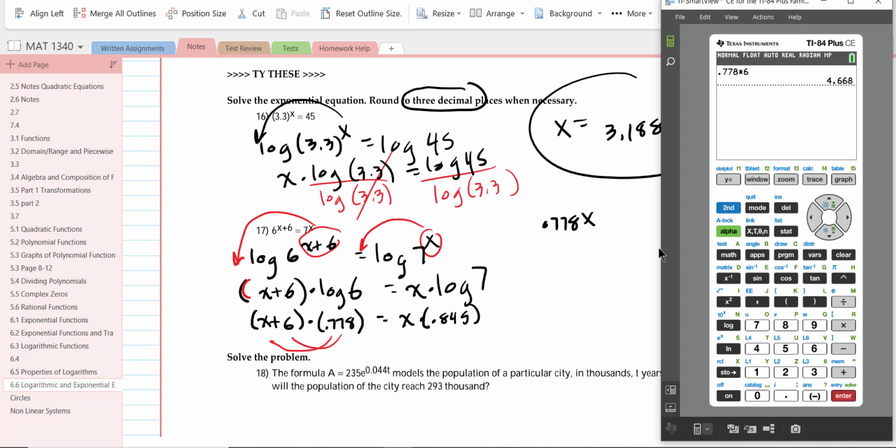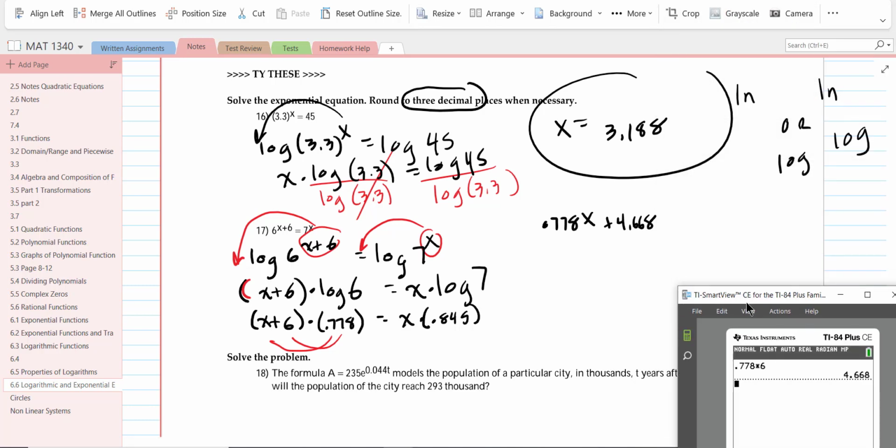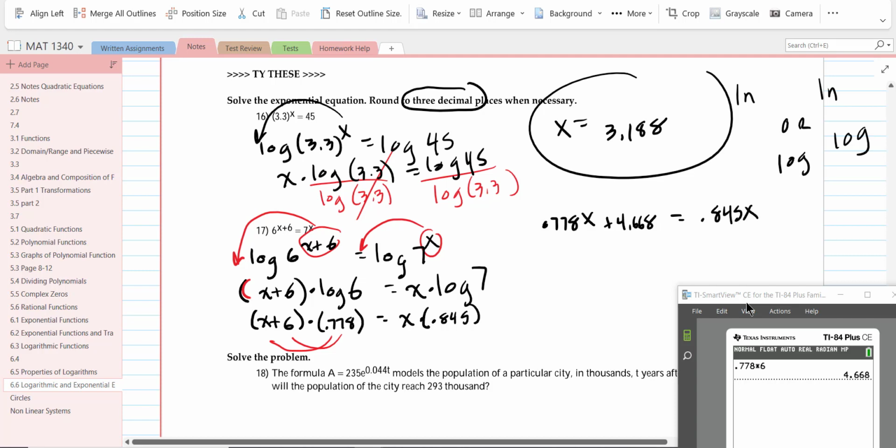Okay, that'll give me plus 4.668, like that. And then this side right here will be 0.845x. You guys see what I did? This is my calculator. Okay, and then I did a distributive property. That's where I think a lot of you are messing up.